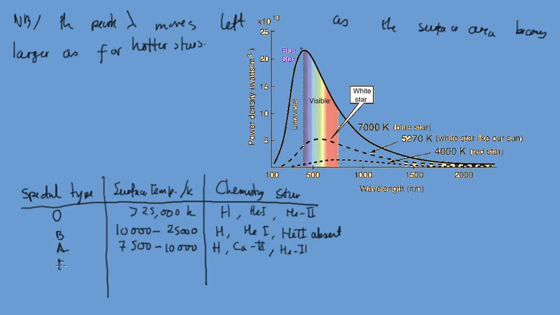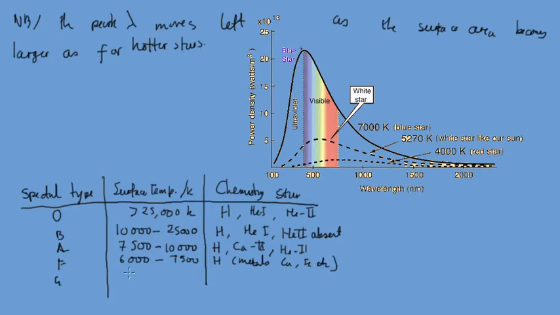An F star is going to be between 6,000 and 7,500. Still hydrogen, and now it's going to have some metals, calcium and a bit of iron, etc.